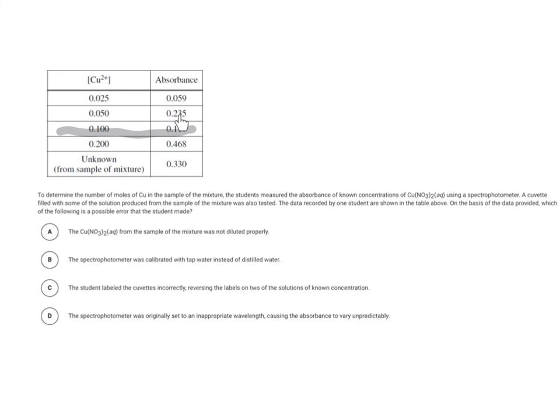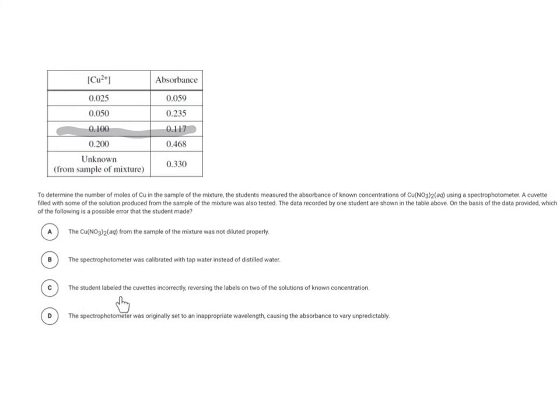You're trying to figure out why it goes up and then goes back down again, even though the concentration continues to go up. Furthermore, using tap water to zero out your spectrometer would actually affect all of your absorbance data equally. And so that wouldn't necessarily explain the discrepancy in values between 2 and 3 here.